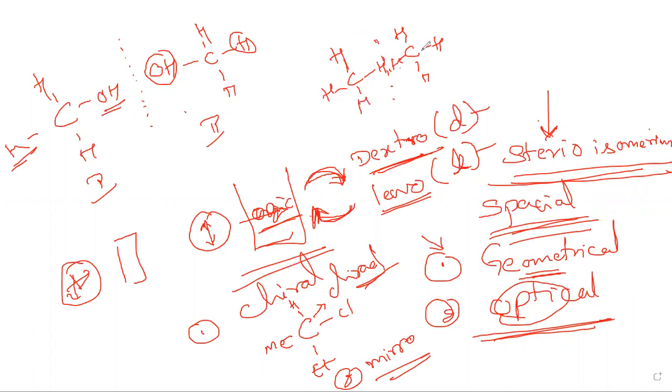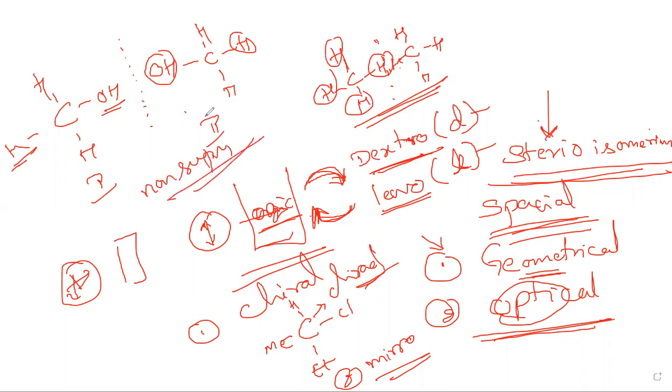Methane is the mirror image of itself, because when we place one carbon on the other, each hydrogen sits on the same hydrogen, which means there is no difference. So this is superimposable on its mirror image, but the other is non-superimposable on its mirror image. Later, in the second chapter on hydrocarbons, we'll be studying optical activity in detail.